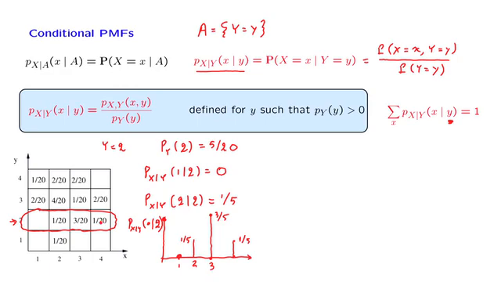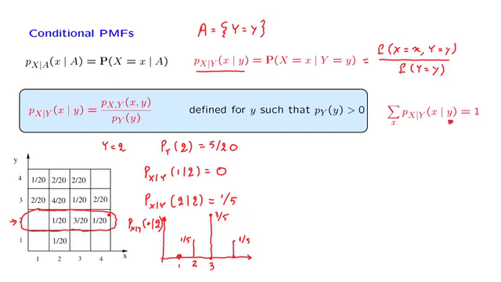And for these to add to 1, we need to put everywhere a denominator of 5. So the proportions are indeed 0, 1, 3, and 1. Pictorially, the conditional PMF has the same form as the corresponding slice of the joint PMF, except, again, that the entries of that slice are renormalized so that the entries add to 1.